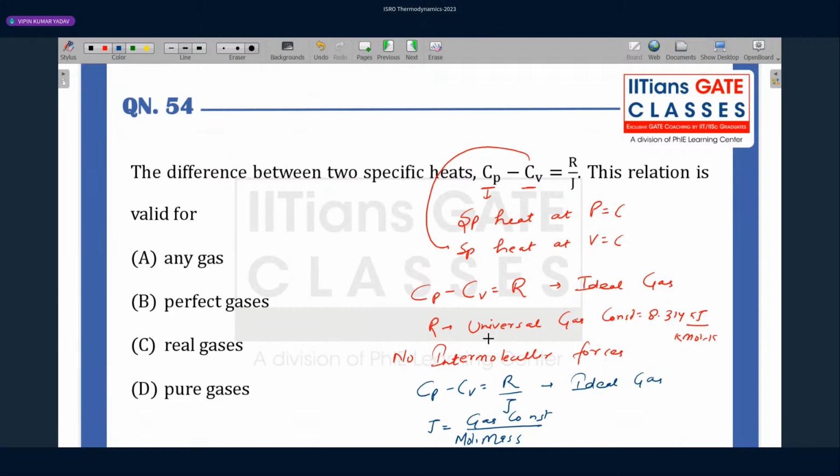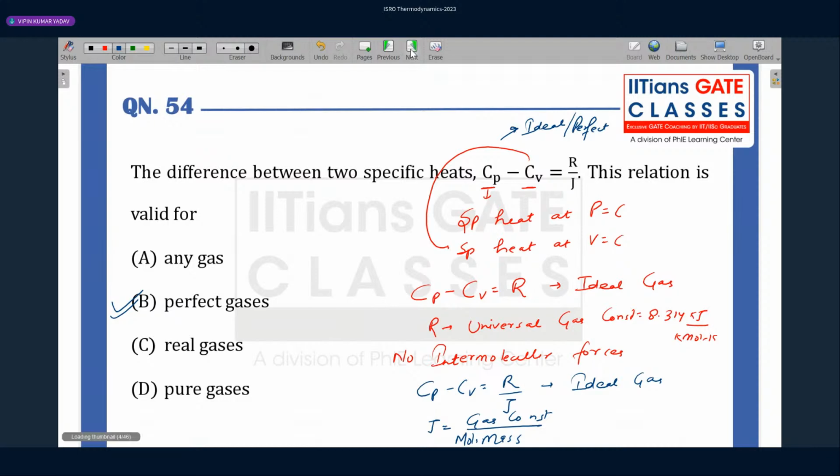So this equation is also valid for ideal or perfect gases. You cannot apply it to real gases or pure gases or just any gas. It is valid for perfect gas. Yes, that is correct.